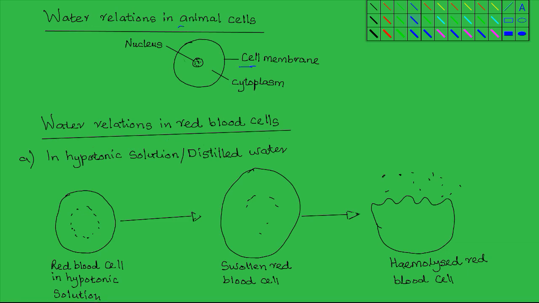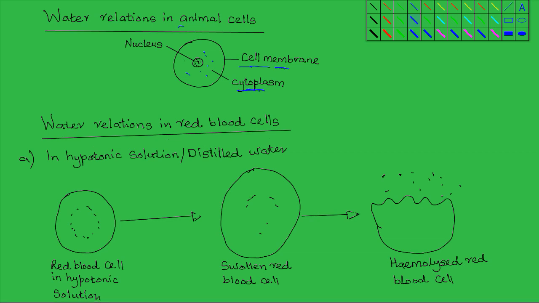When an animal cell is placed in a solution, it will either gain water by osmosis or lose water by osmosis. It all depends on the osmotic pressure gradient. So if it is placed in a hypertonic solution, it will lose water by osmosis.